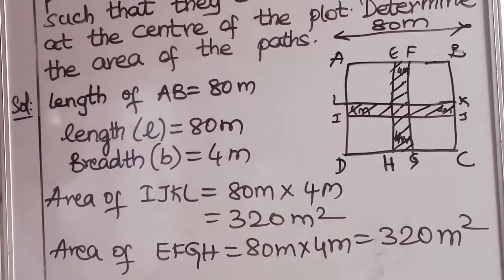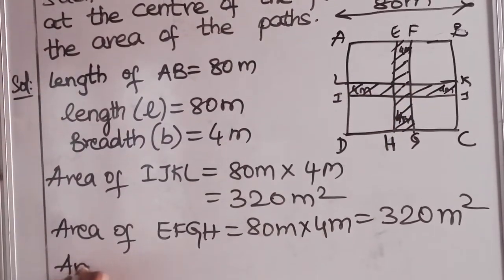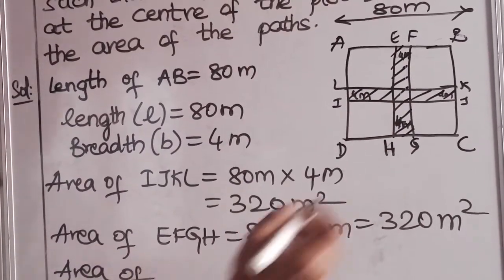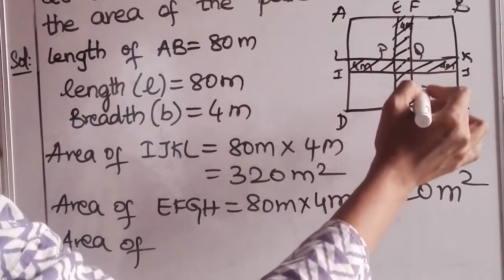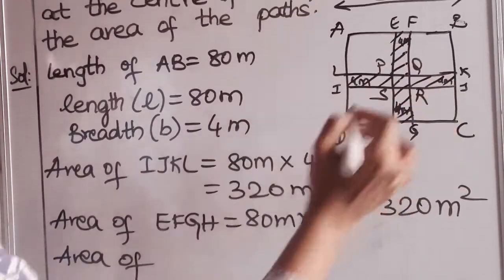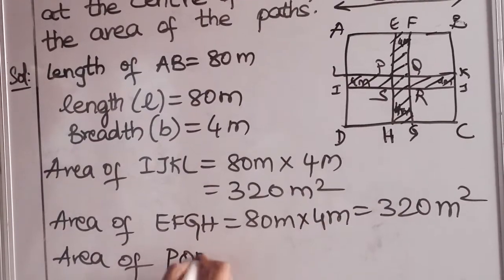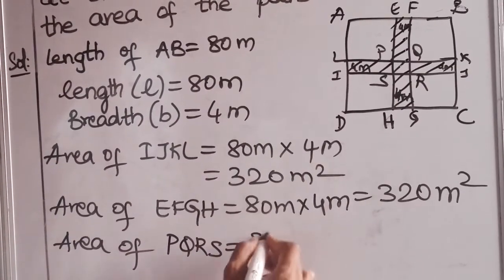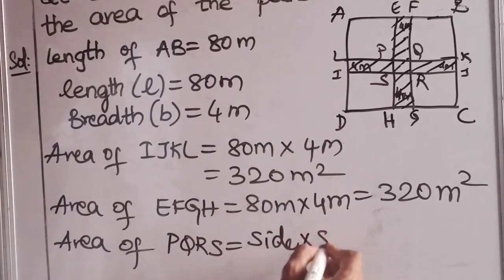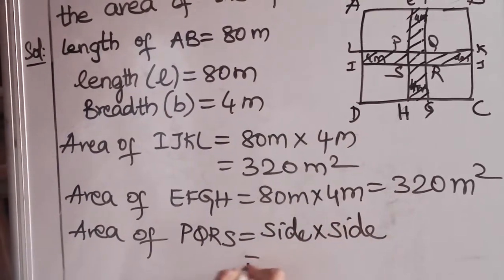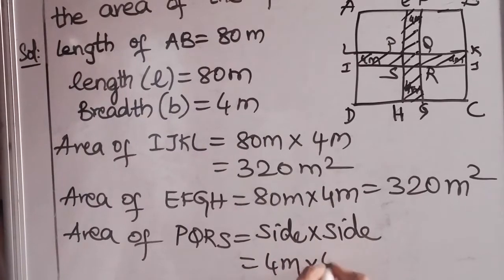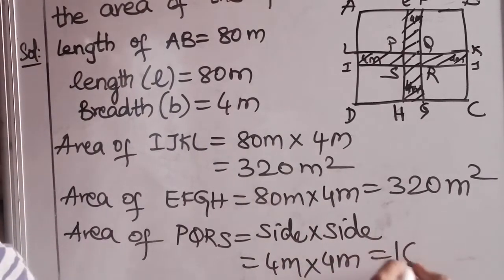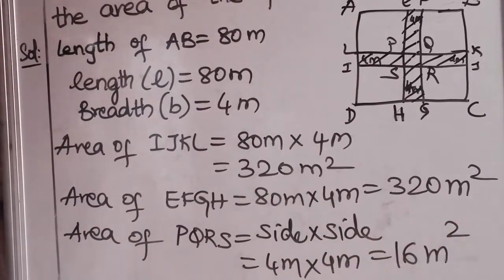Now let us find out the area of, let me label this as PQRS. Area of PQRS, that is a square, so it is side into side. Each side is having 4 meters. 4 into 4 meters. 4 4s are 16. Meter into meter, square meters.